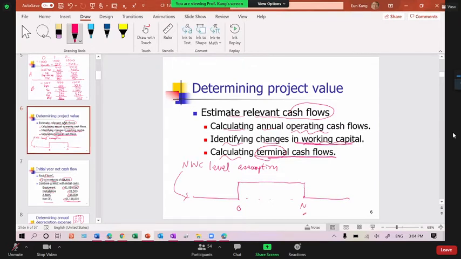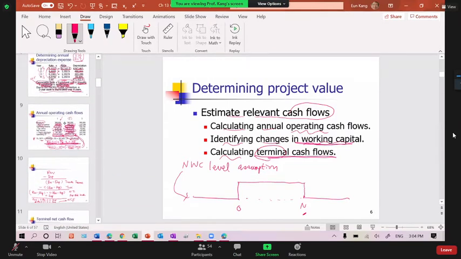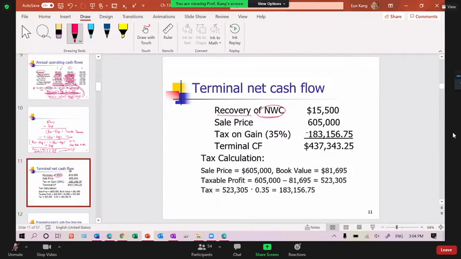At the end of the project, it goes down to its original level. So the asset goes up at time zero as a cash outflow, and goes down at the end as a cash inflow. So we have net working capital recovery of 15,500.